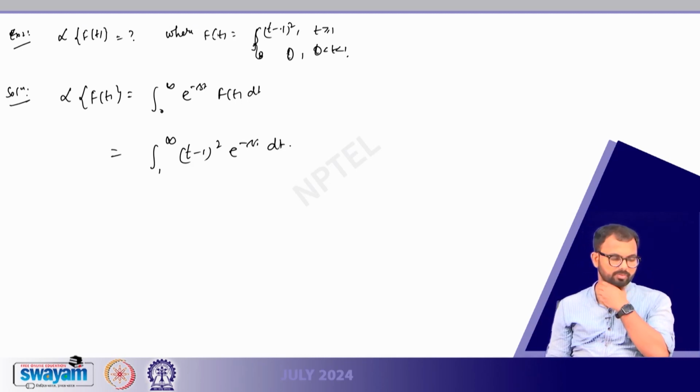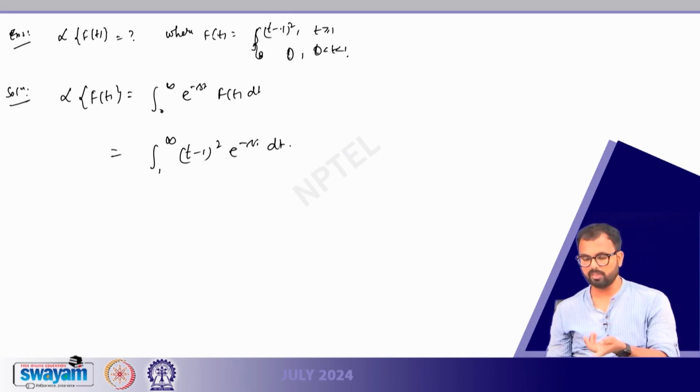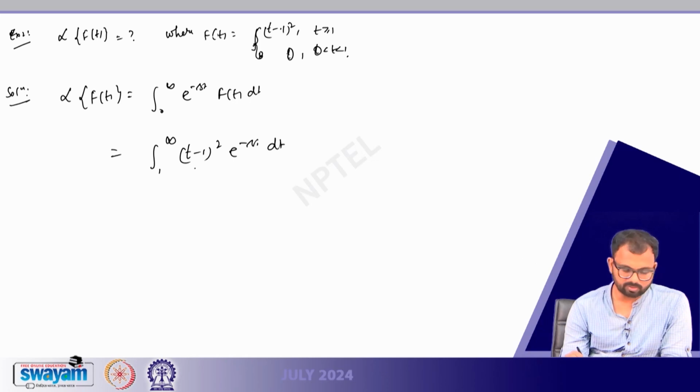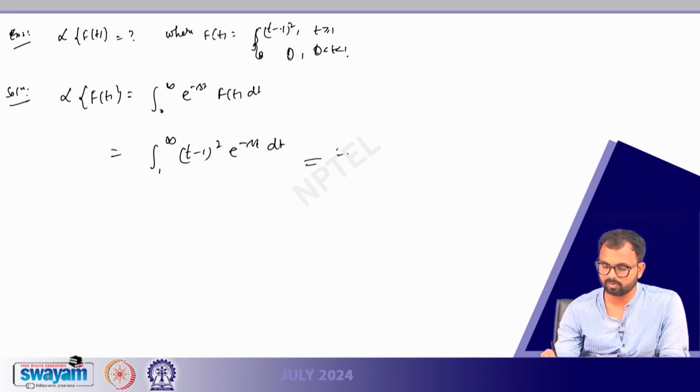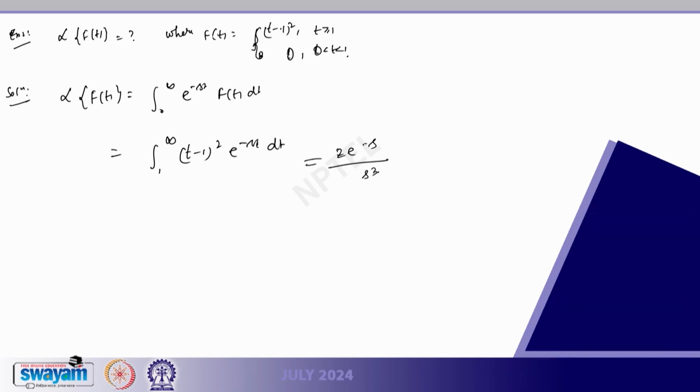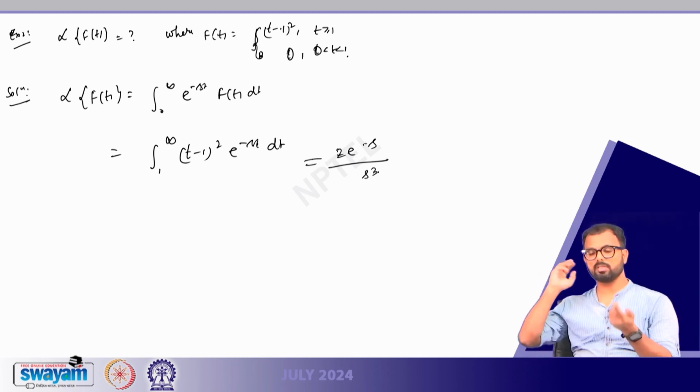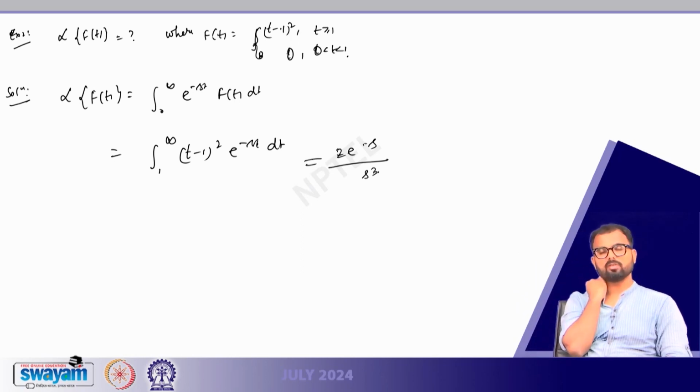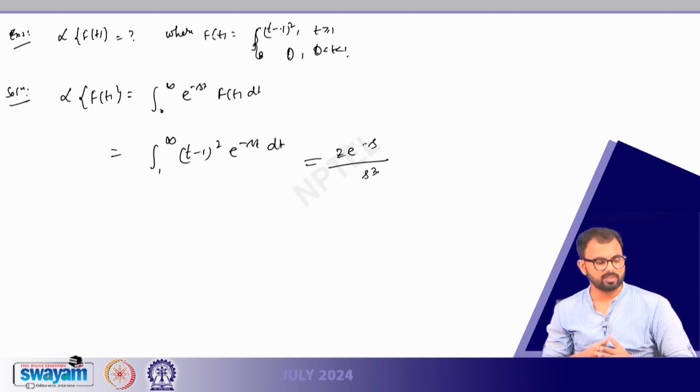Now, we can do integration by parts, and ultimately we will obtain e to the power minus s divided by s cube, right. Although the function was not continuous, we do not need continuity, we just need piecewise continuity. So, it is definitely piecewise continuous when t is greater or equal to 1. Just do the integration by parts, and that will give you your required answer.